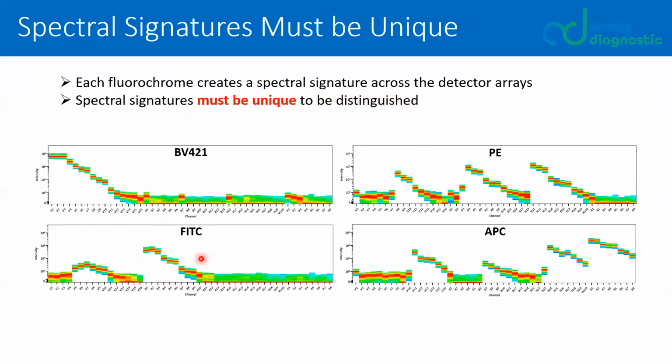We can see it again, the 5th example from before. We can see now that it not only emits in the blue detectors, it also emits in the violet detectors. We can see here the PE and the APC that have emission in the violet, in the blue, in the yellow-green detectors, and of course the APC also has emission in the red detectors.